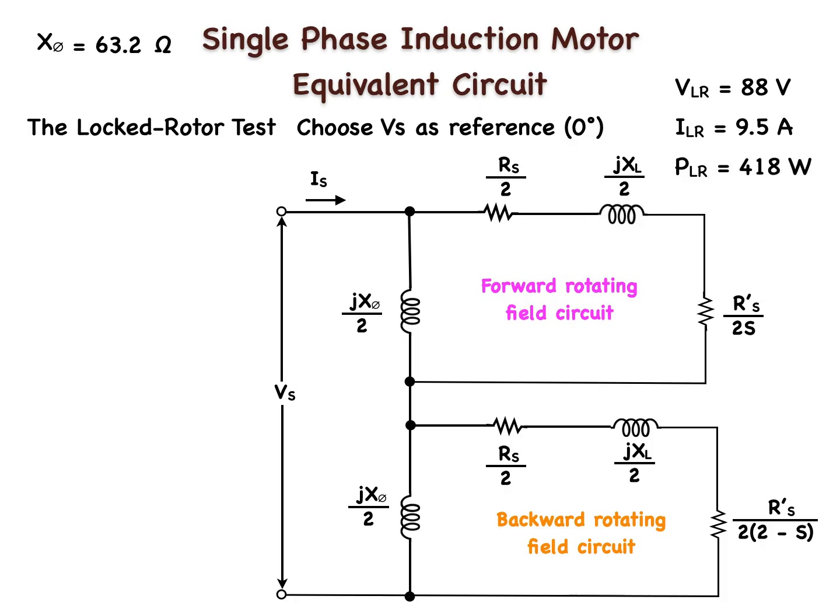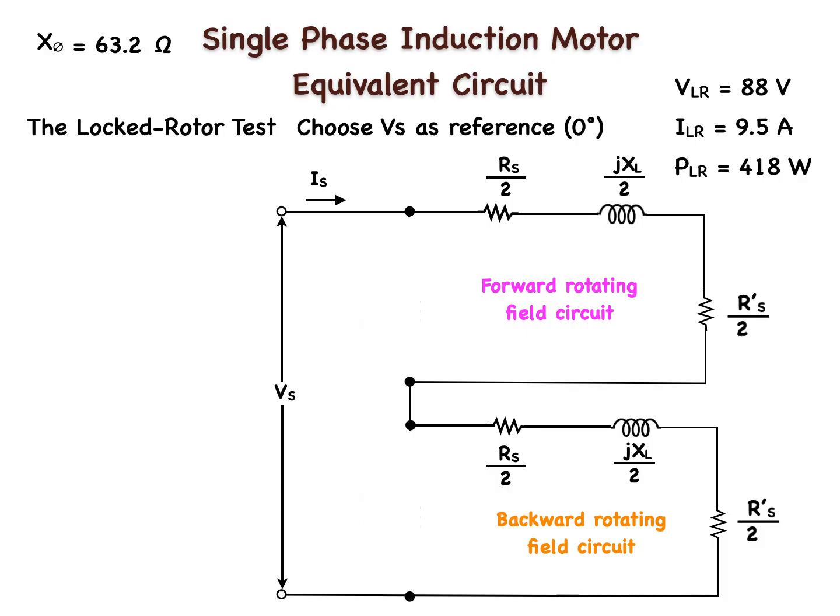With the rotor locked, the slip S will equal 1, making the rotor resistance for both the forward and backward rotating field circuits equal to R'R divided by 2. Furthermore, the magnetizing current will be almost negligible compared to the current flowing in the rotor circuits. This means that we can redraw and relabel our equivalent circuit to look like this.